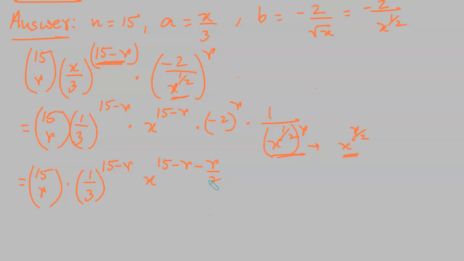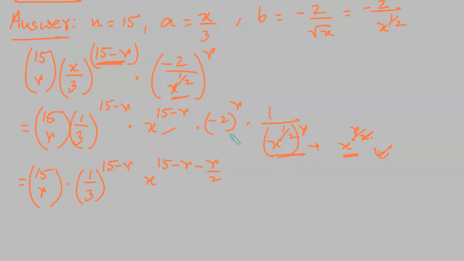In case you are having difficulty, just take it for granted for this moment that if you have x to the power of some power in the numerator, and that is getting divided by x to the power of another power in the denominator, the powers will get subtracted.